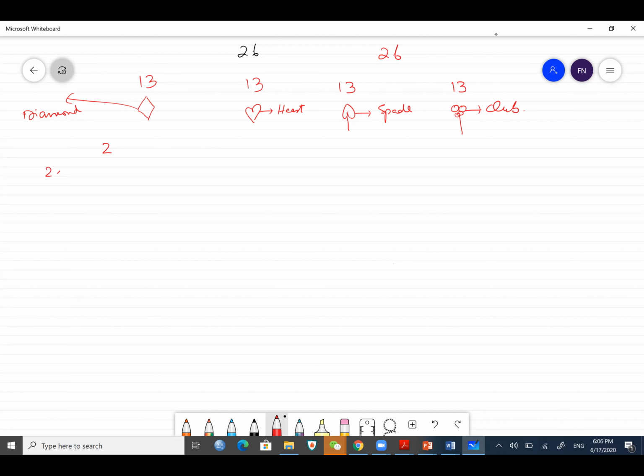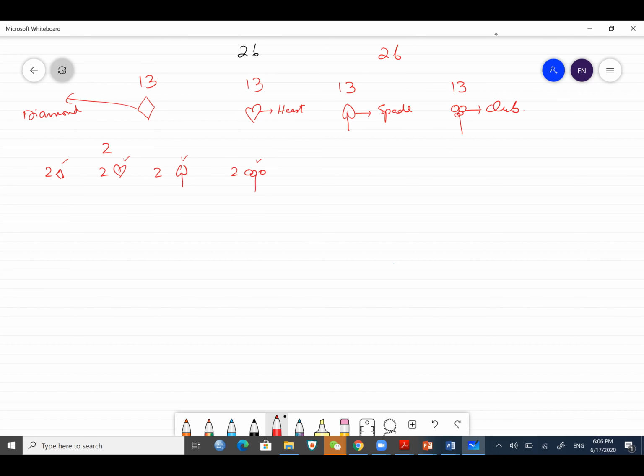We have 2 of diamond, 2 of heart, 2 of spade, and 2 of club. Understand? So in total we have 4 cards with number 2, and all those 4 cards have different signs: one with diamond, one with heart, one with spade, one with club. Is that clear? Yeah, but there's no number 1.